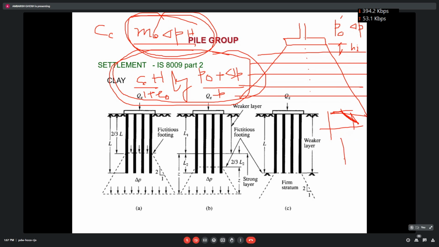You know how to get pre-consolidation pressure Pc' from the e-log p curve? You tell me yes or no. Have you read consolidation?